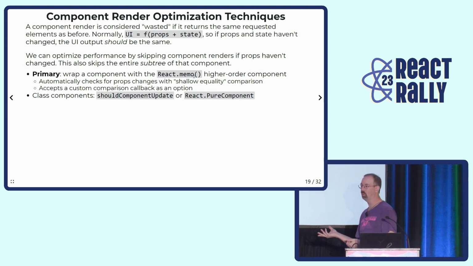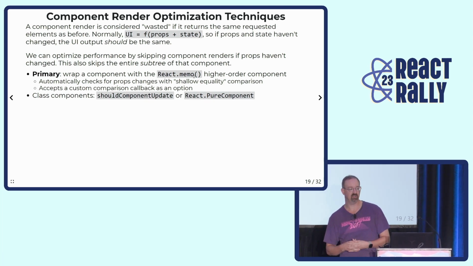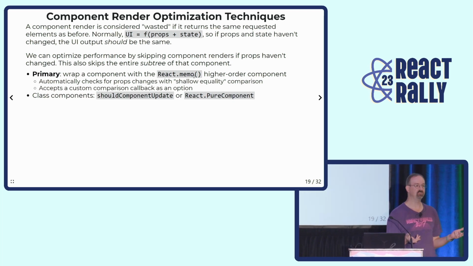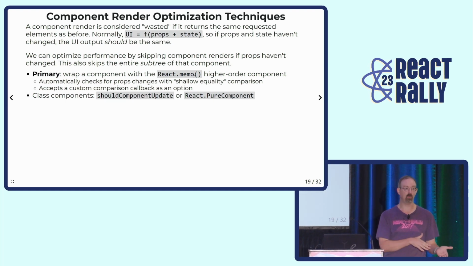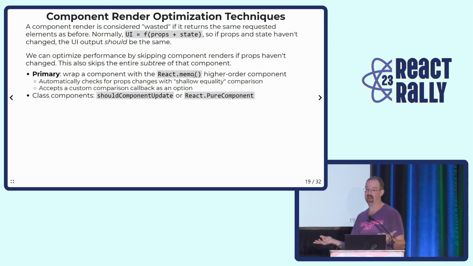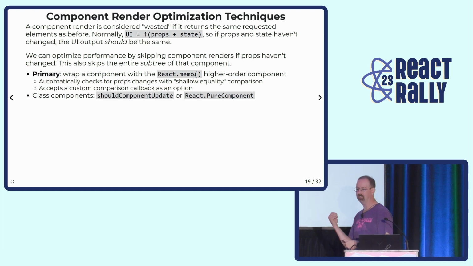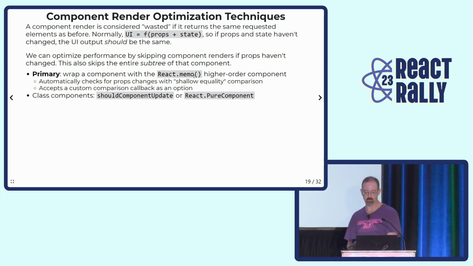So React does give us ways to opt out of re-rendering if we think that things haven't changed. And the basic tool for this is react.memo, which wraps your component and it automatically does a check of all the props to see if any of the props changed from the last time. If they haven't changed, there's probably no point in re-rendering. For class components, the equivalent is should component update or pure component.